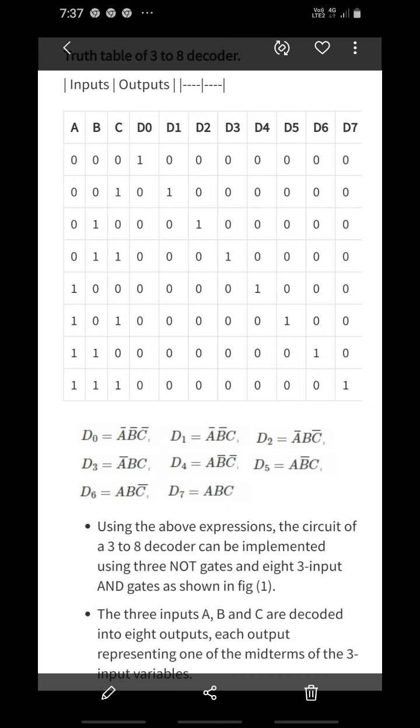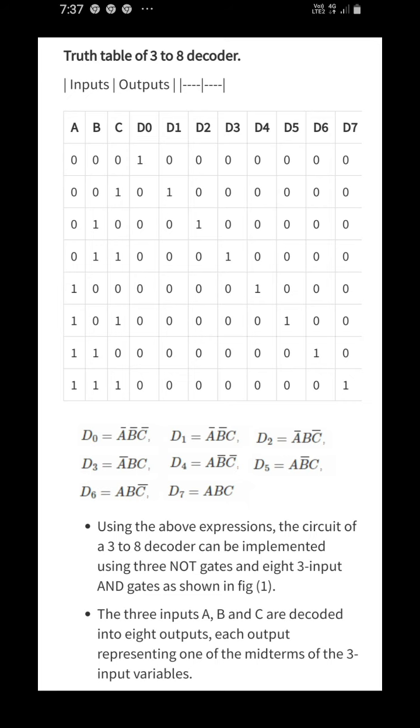When applying 100, then D4 is high and all other outputs are zeros. When applying 101, then D5 is high and remaining all are zeros. When applying 110, then D6 is high and all others are zeros. And when applying 111, then D7 is high and all others are zeros.